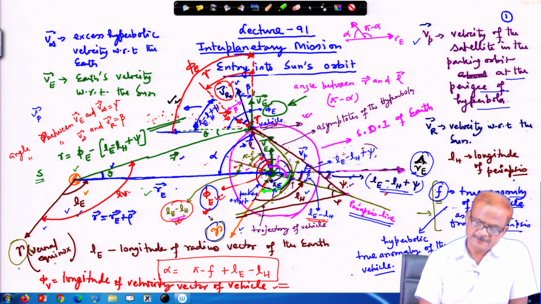What is the planetocentric radius vector? This is rho. So, with rho the V infinity is making only a few degrees of angle.